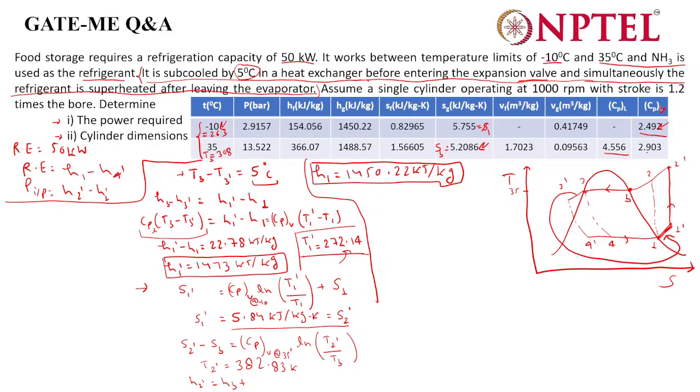What is the Cp value of vapor? 2.903. And the temperature difference is T2 dash minus TB, that is 382.83 minus 308. So what would be the answer? That would be H2 dash. Can you let me know?